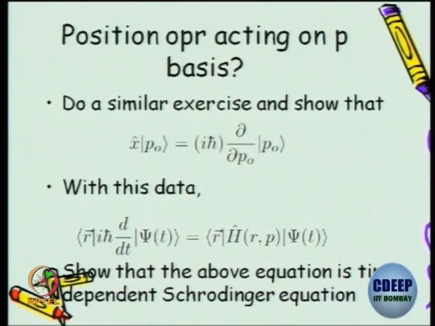I gave you an evolution operator which is unitary, and then we slowly studied what should be the position representation for the momentum operator. Then I asked you to find the momentum representation for the position operator, and then I said using this, you can actually reproduce the time dependent wave function Schrodinger equation. So I will stop here.